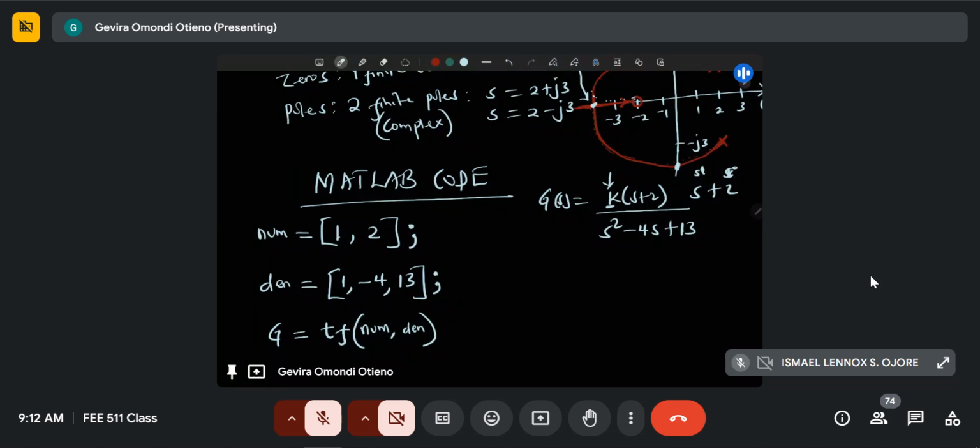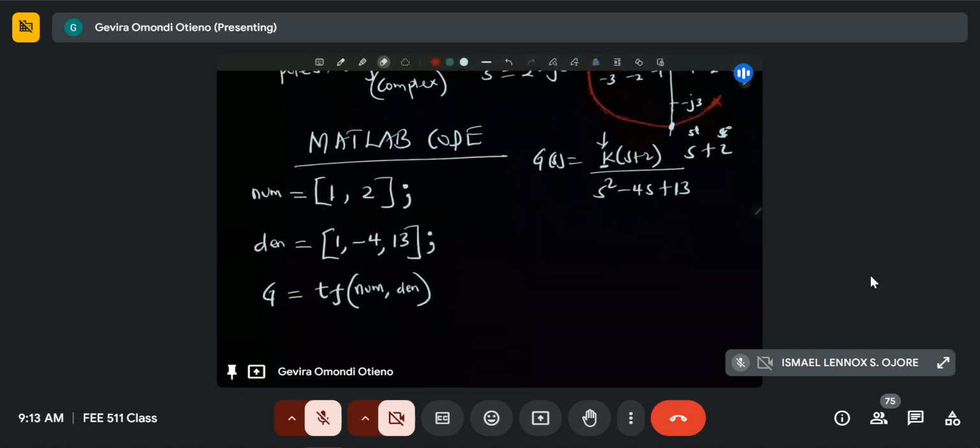As soon as you enter this, it will give you the transfer function. You'll see the output would be s plus 2 over s squared minus 4s plus 13. Not k, k is not even defined, so it will not even put k. So you can confirm that by inputting this code.